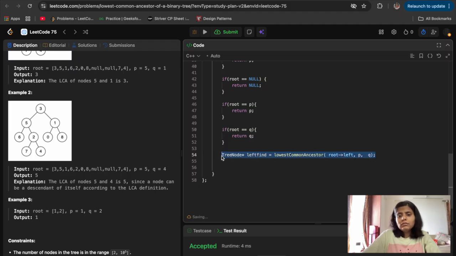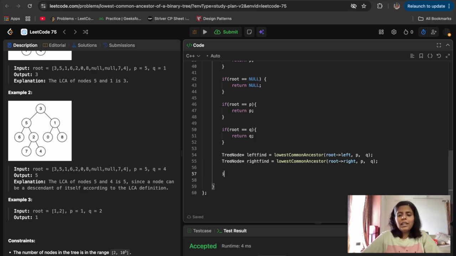We need to find the lowest common ancestor for both the nodes. So now we have only two options, the left side and the right side. So we'll go to the left, to the right. Now one of them or both of them can be not null. That permutation combination we will do here right now.